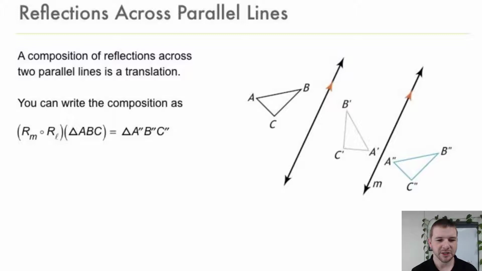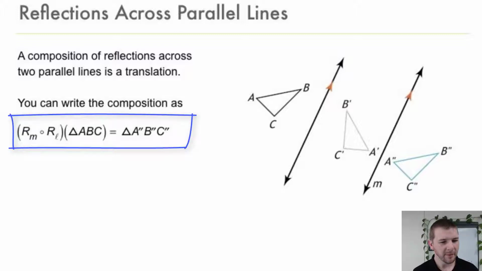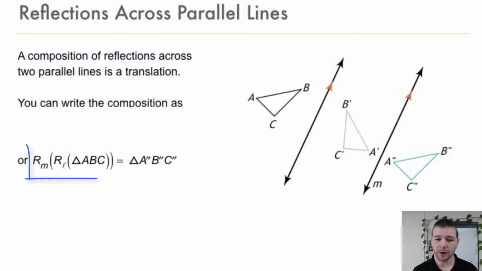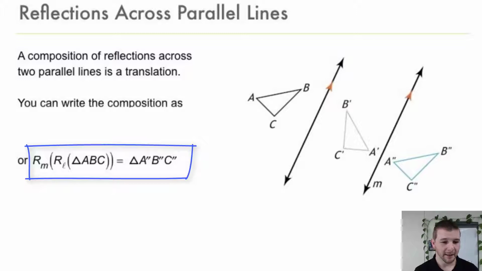You can write the composition as R sub m of R sub L of triangle ABC equals triangle A double prime, B double prime, C double prime.